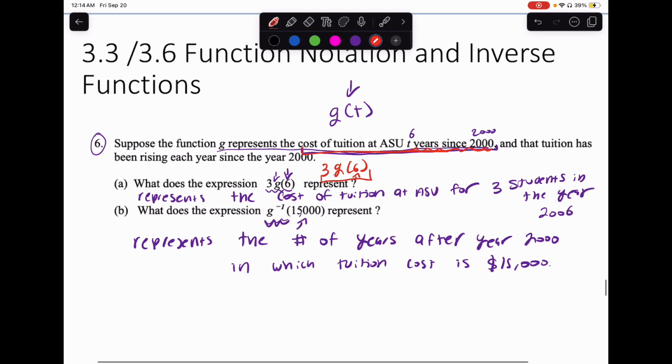But when we have the inverse, our input, let me just switch the color, our input is actually going to be the cost of tuition at ASU, and our output is what represents that number of years. So it just switches.